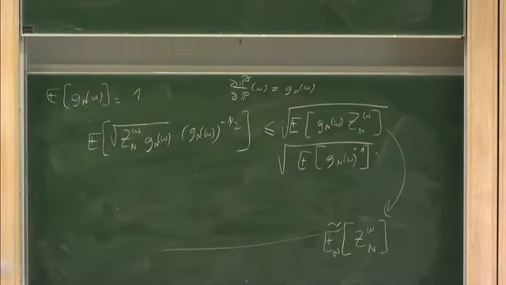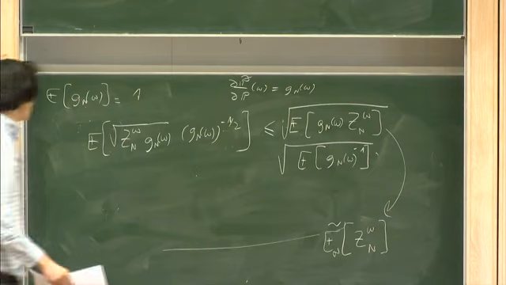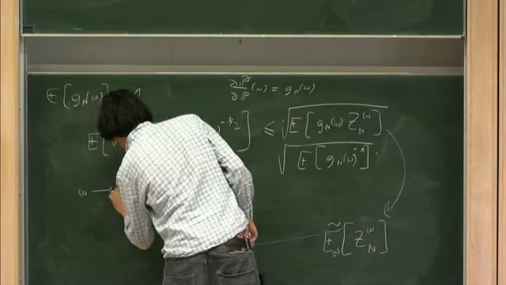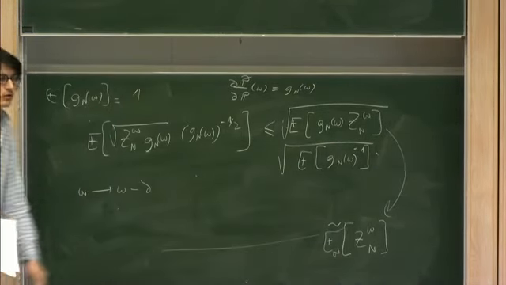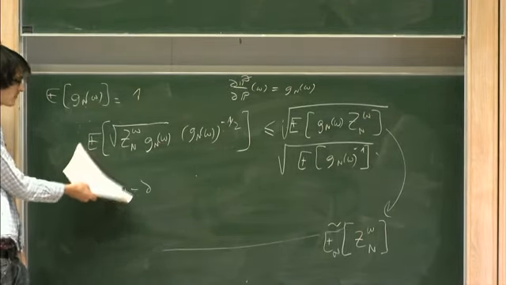So a naive but reasonable choice for our change of measure will be to change the means of our Gaussians. Instead of having centered Gaussians, we want Gaussians which have mean minus delta. This corresponds to Gn omega equal to exponential of delta times the sum over x in the box of omega x minus delta square over 2, and maybe I have to put a minus here.